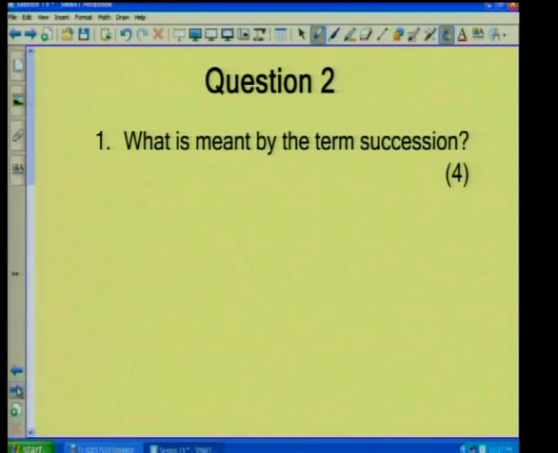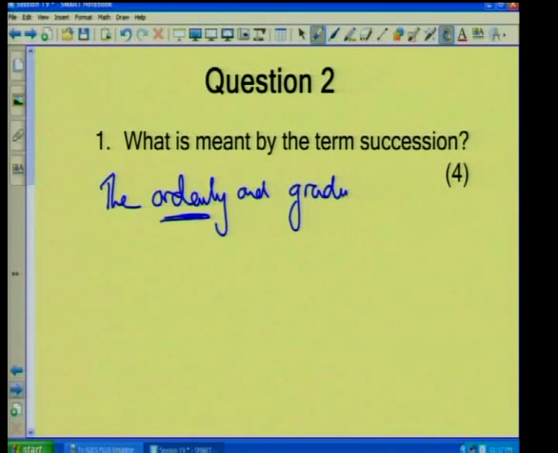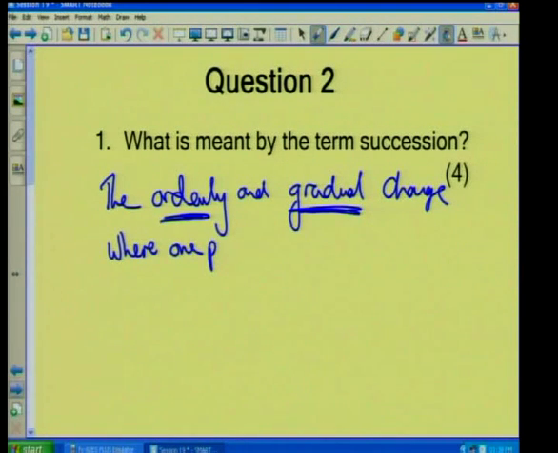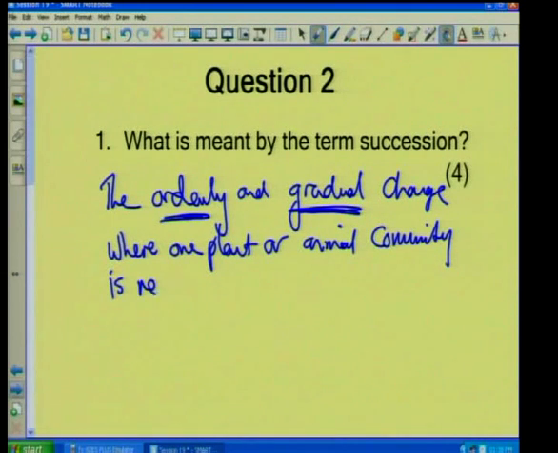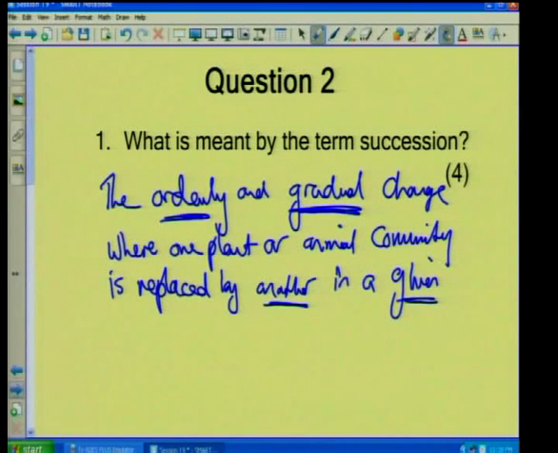Now, people, you need to know it is the orderly, and that's important. It is the orderly and gradual change, okay, orderly and gradual change where one plant or animal community, okay, is replaced by another in a given area over a specific period.